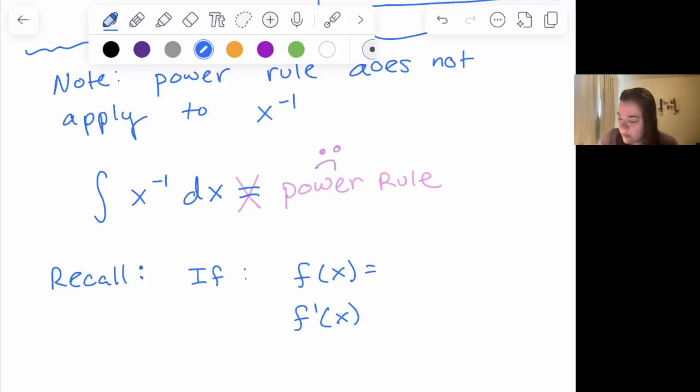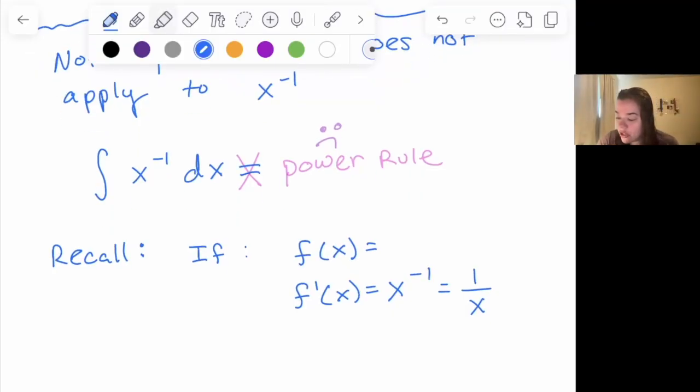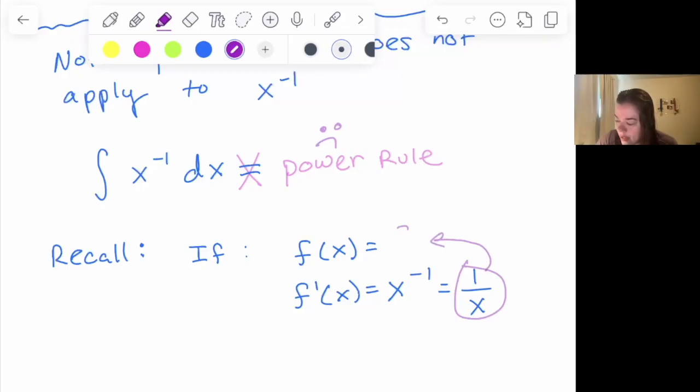So if x to the negative 1 is my derivative, that's the same as 1 over x if I rewrite it. Think back to your differential calculus class. What function has its derivative of 1 over x? So this is a rule you did memorize, or probably were supposed to memorize in some differential calculus course. What function's derivative is 1 over x?